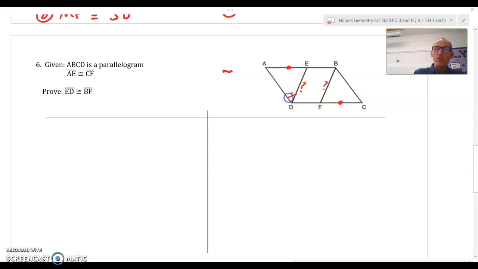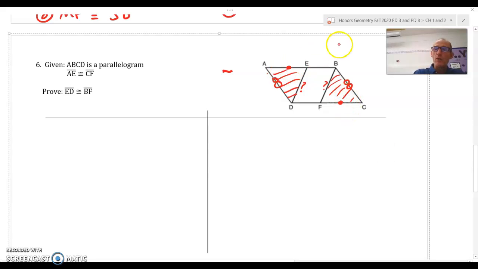Now, if you don't see it already, these two triangles are going to be triangles that we're going to get congruent. Okay? So the first thing we want to do is mention that this side is congruent to this side because of opposite sides in a parallelogram congruent.